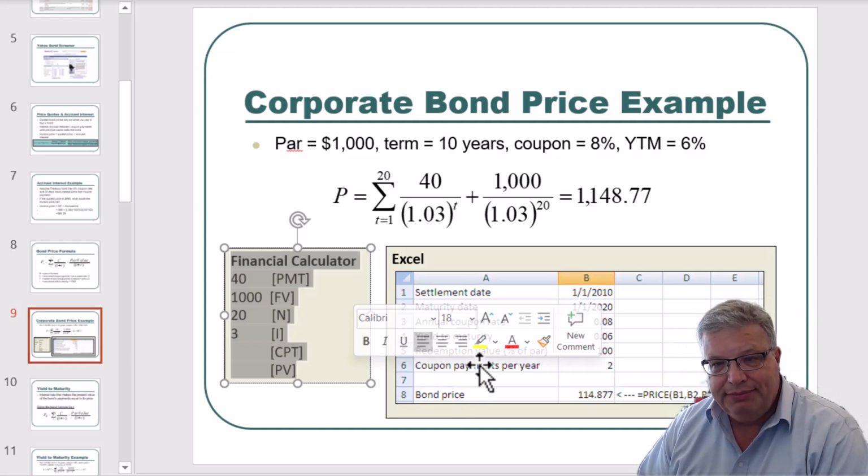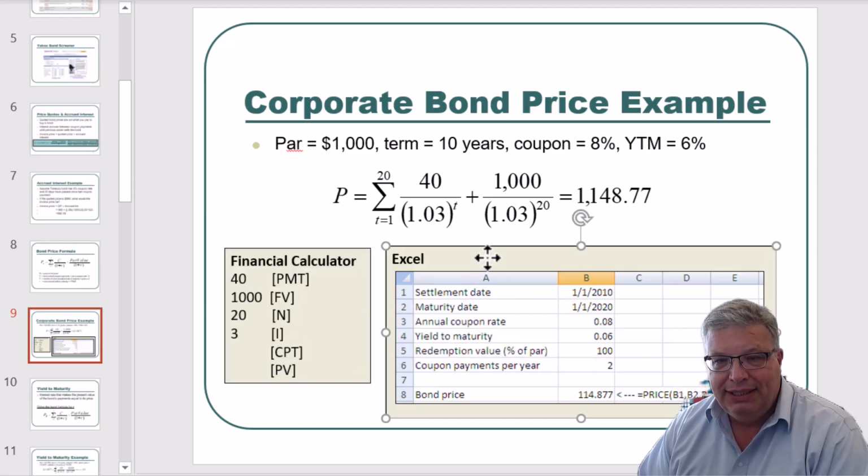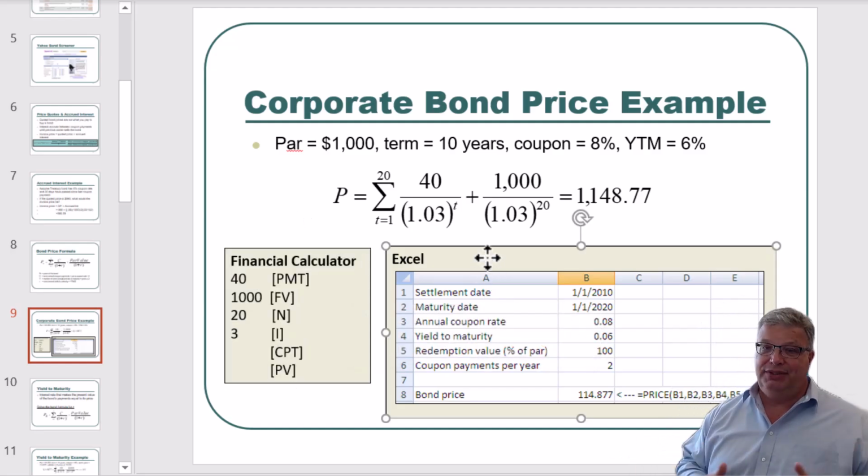The other way to do it is to use Excel. And Excel has 2 ways of doing it. The way I have pictured here uses a specific formula called PRICE. You can access that formula in Excel by going into a cell and typing in equals PRICE, and then you put in all these parameters.